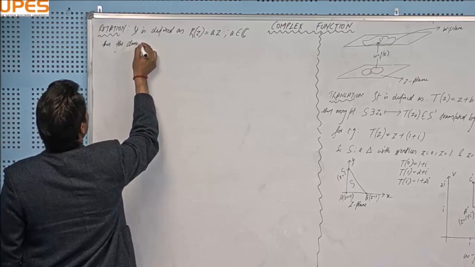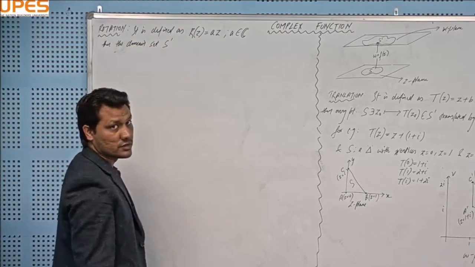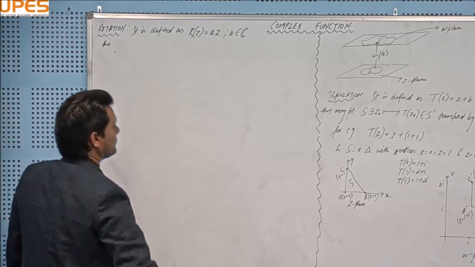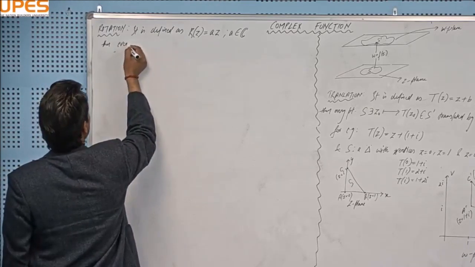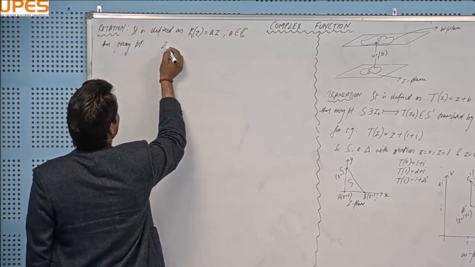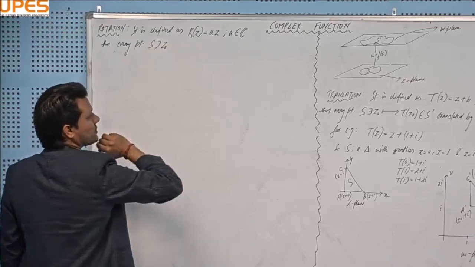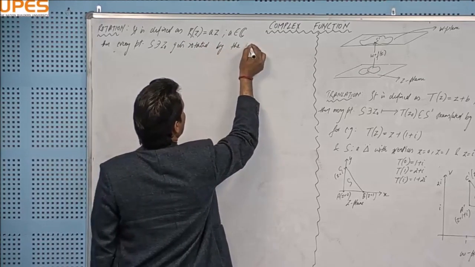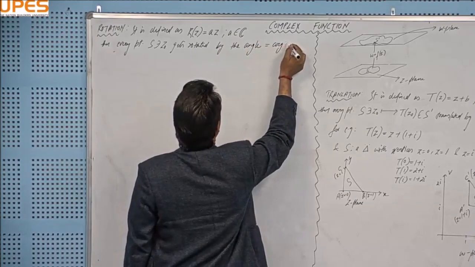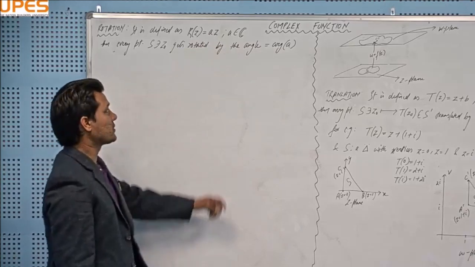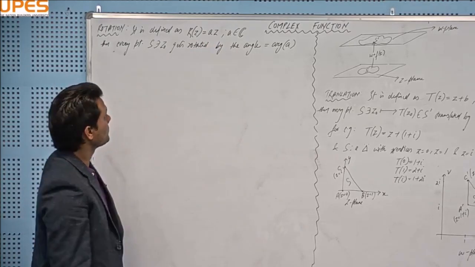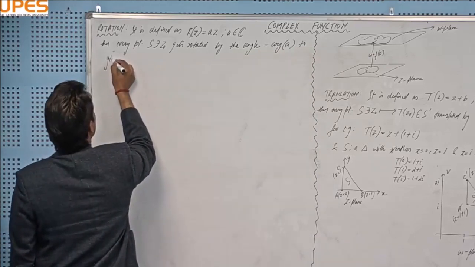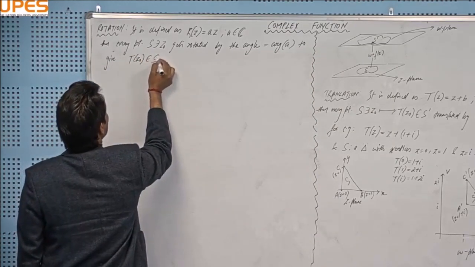every point of domain set S, every point z naught belonging to S, gets rotated by the angle equal to the argument of this a, this complex coefficient of z, to give T(z naught) belonging to S dash.